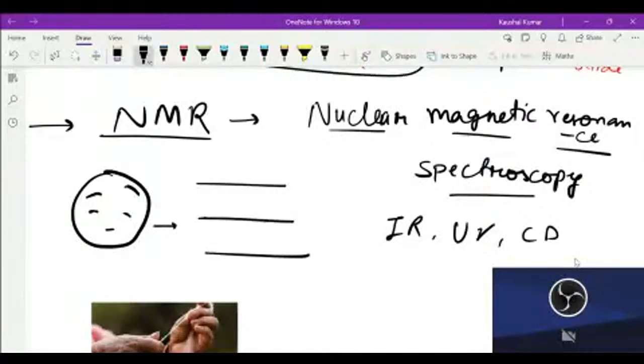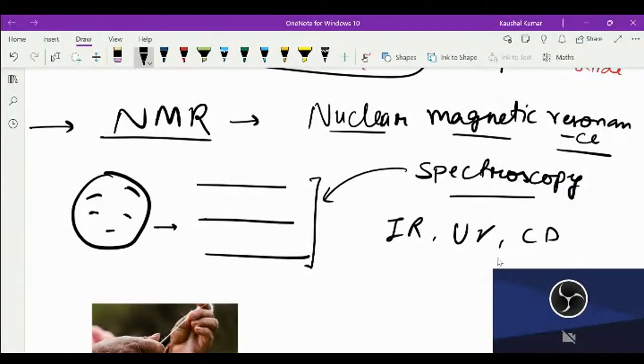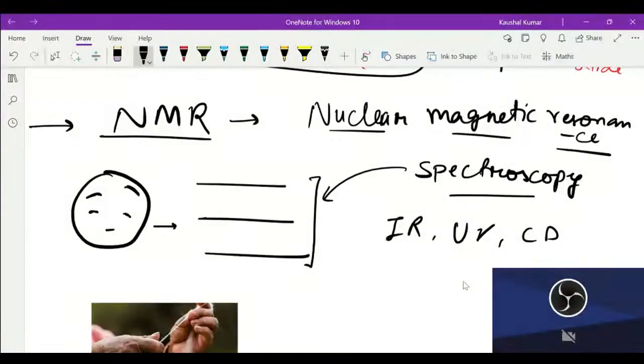So till now, what you found in this spectroscopy technique is that they have a different frequency of energy. They will have different spectra. According to that, we are seeing the change in energy of an atom or a particle or electron.